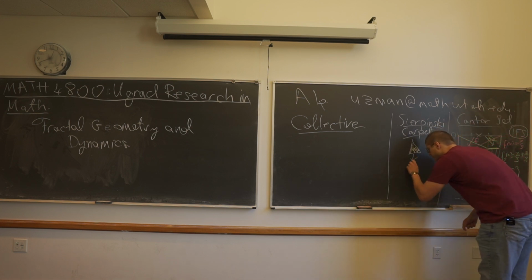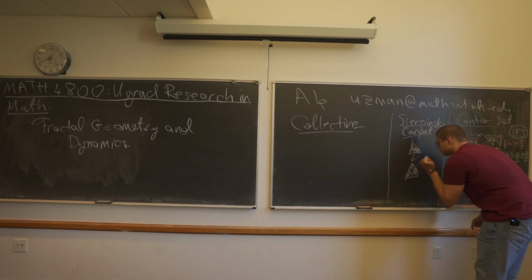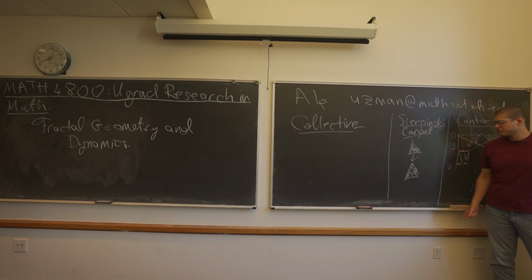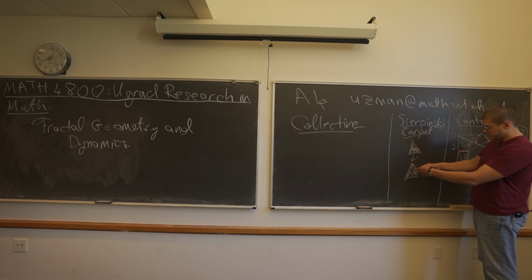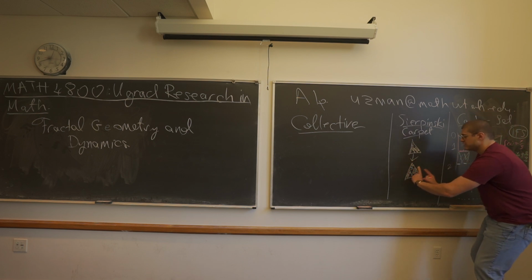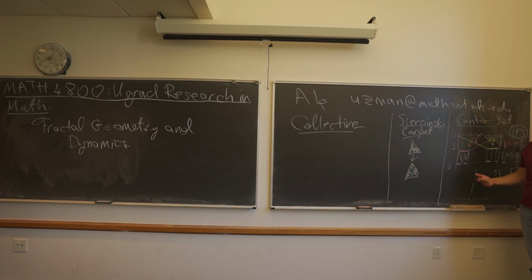Same idea. And then you keep going. And as you can see, you can also think of this in a similar fashion. You would say, I have three contractions, F1, F2, F3. One of them contracts by, I guess, one half, puts it over here, the other one over there, the other one over there. Okay, same idea.